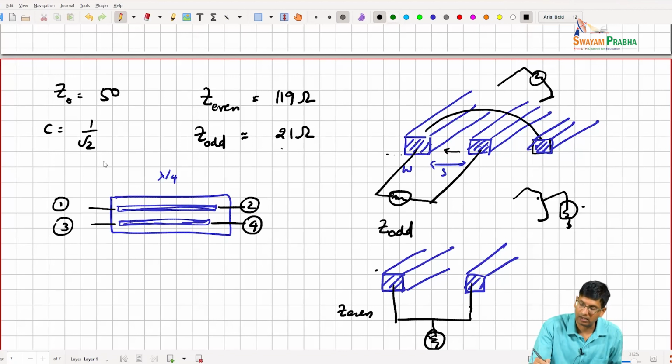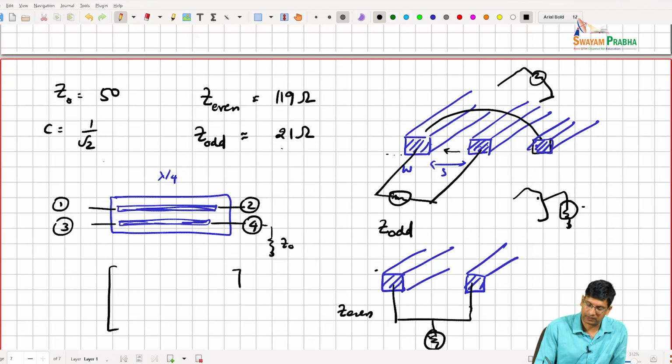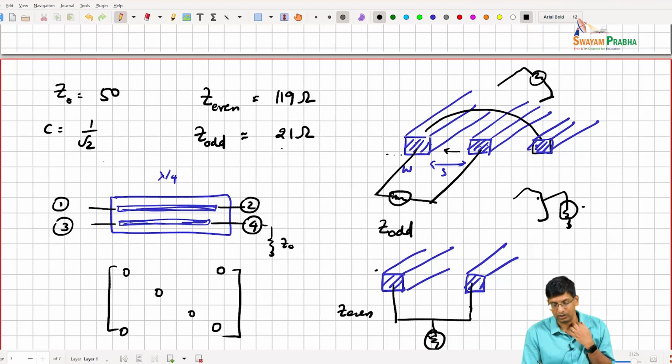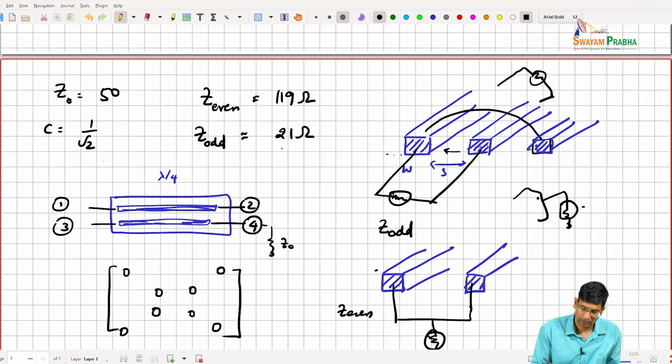So now if I terminate port 4 with Z naught, and I were to do the S parameter matrix of this, again all ports are matched, right? Port 1 and 4 are isolated. Ports 2 and 3 are isolated, right?